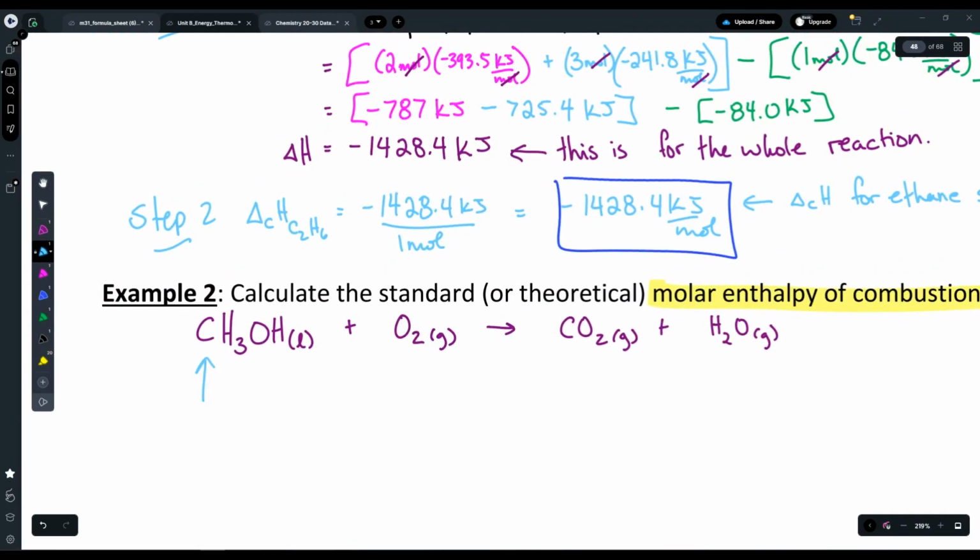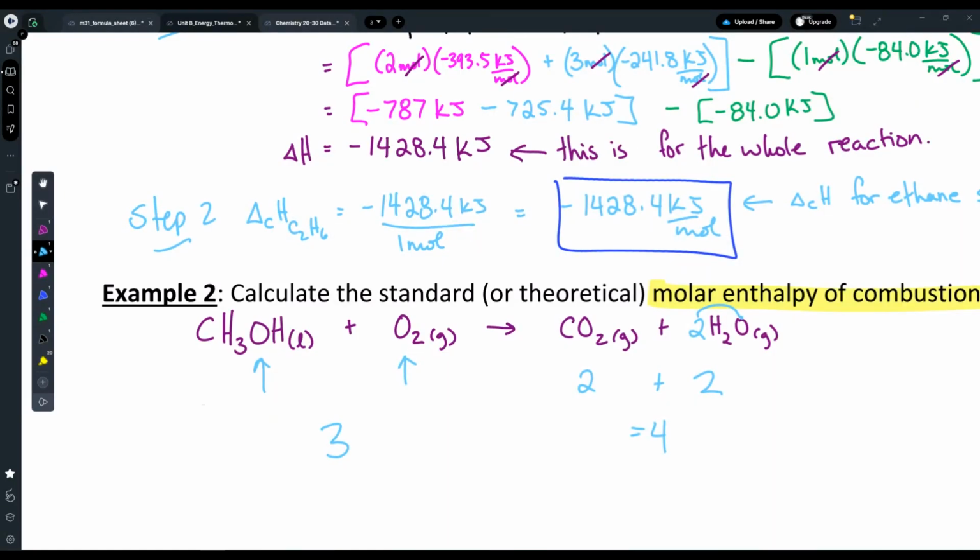We've got one carbon going in, one carbon coming out. We're golden. We have 4 hydrogens going in, so I need to have 4 hydrogens coming out. And we have 3 oxygens going in, and we have 2 plus another 2 here, so we've got 4 coming out.